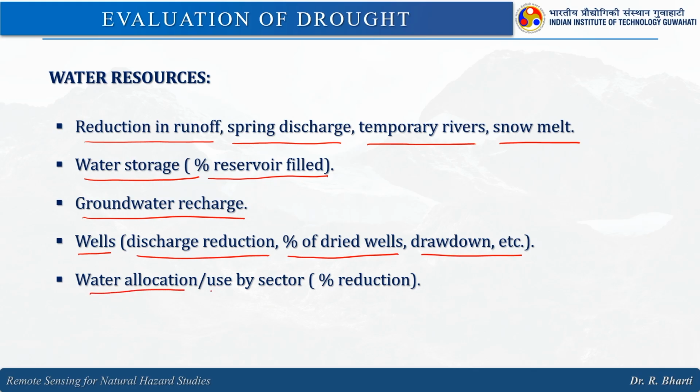Water allocation used by different sectors, for drinking water, for industrial uses, for household uses, for agriculture, we can calculate and we can release depending upon the availability of water in our storage.